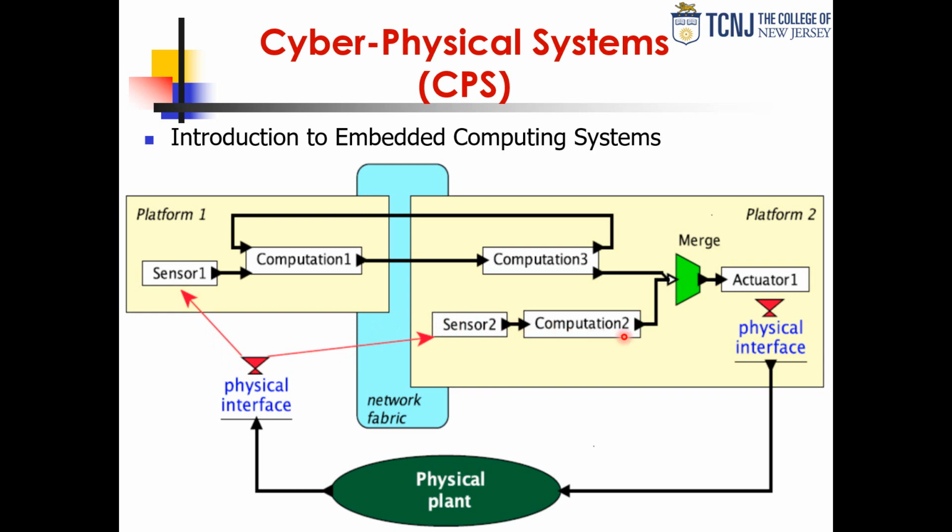And this may be the merging of what are called sensor fusion algorithms, and that may dictate what actuator one does through this physical interface. Then another output of this computational block can go back in here through the network fabric and also be part of computation one. So you can see the closed loop in there.